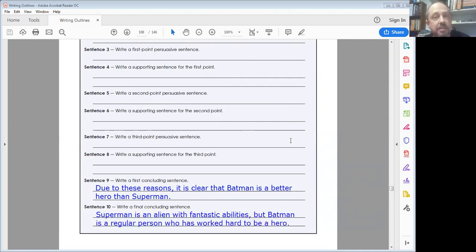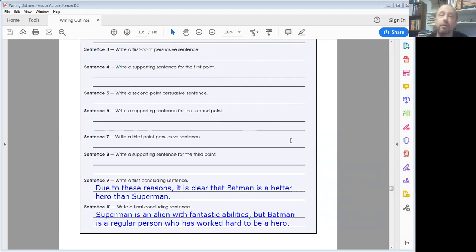Once all of that's done, once I've got my outline done, I check over the outline, make sure I like the order that things are done in and whatnot. After that, I do my rough draft. All right, and once my rough draft is done, I leave it alone for a little while, for a day or two. And then I do my revising and editing of my rough draft. I look for my mistakes.